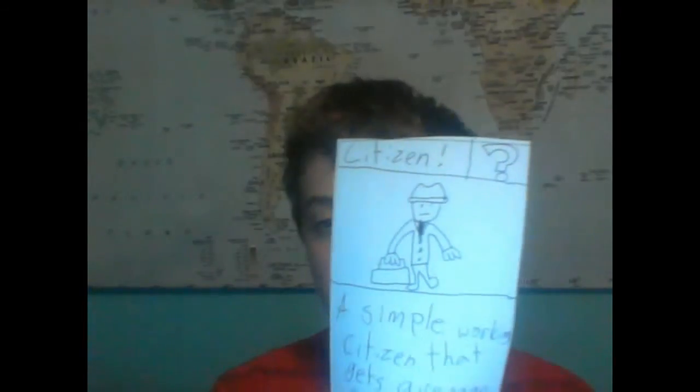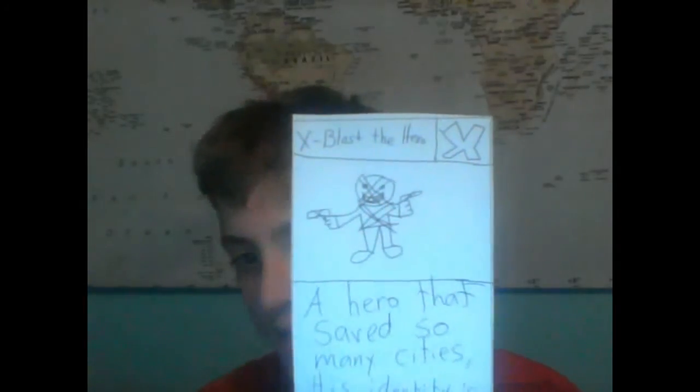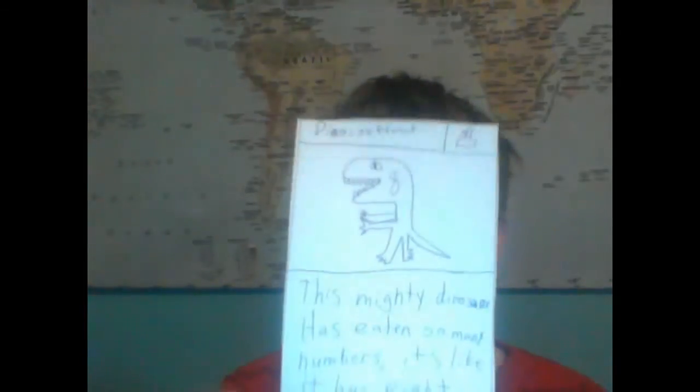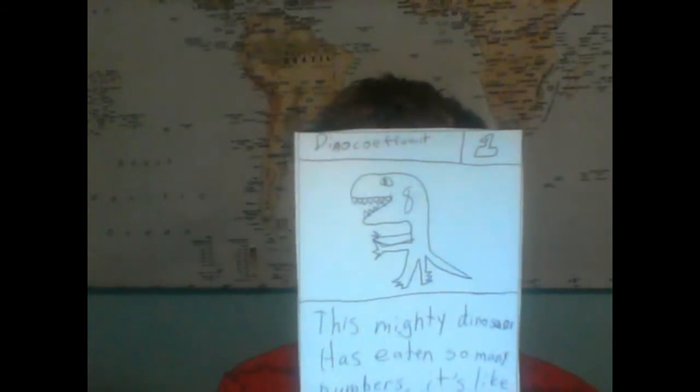Thanks, Bob. Here's how the game works. You have 3 different cards: a citizen card or an answer card, X Blast the hero or a variable card, and a coefficient card, or Dino Coefficient in this case.